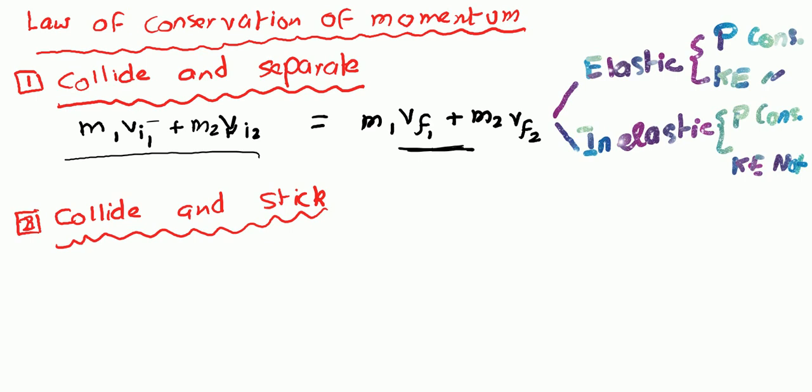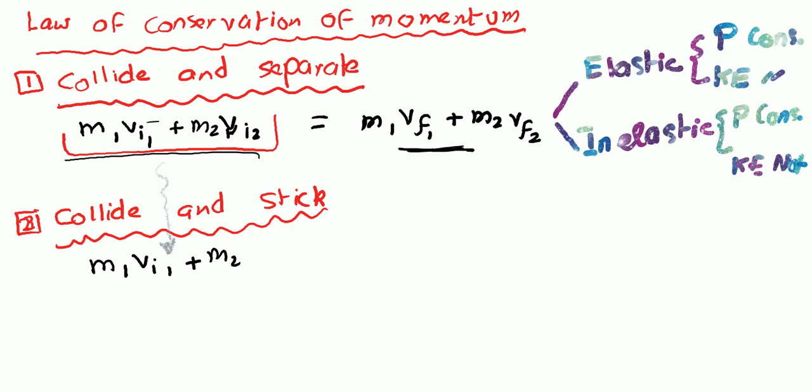If the two objects collide and stick, they are moving together after collision as if they are one object with the same common velocity. The left-hand side is the same, so it will be written here again: total momentum before collision, m1 initial plus m2 initial.